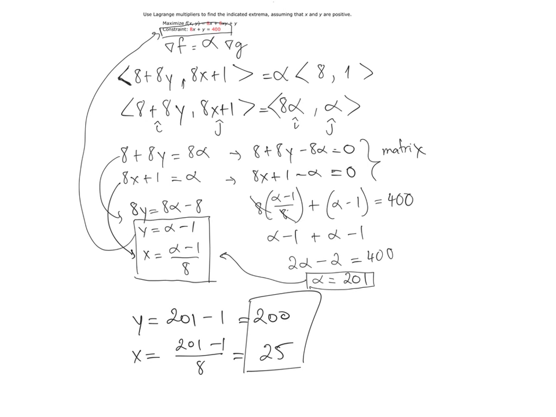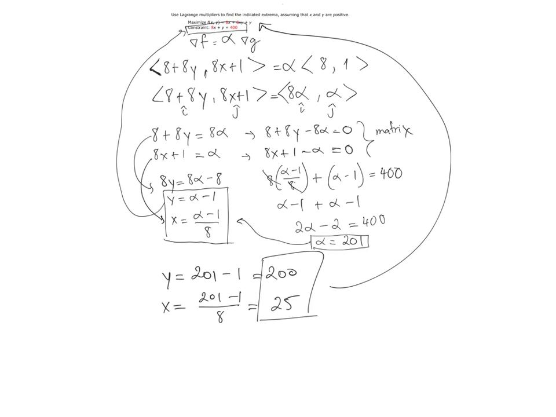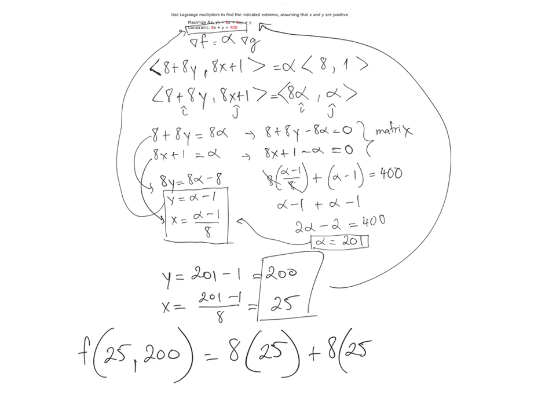What you can do is plug it back into the original maximize equation and find your maximum number. So the function of x is 25, y is 200, equals 8x, which is 25, plus 8 times 25 multiplied by y, which is 200, plus 200, which is y.